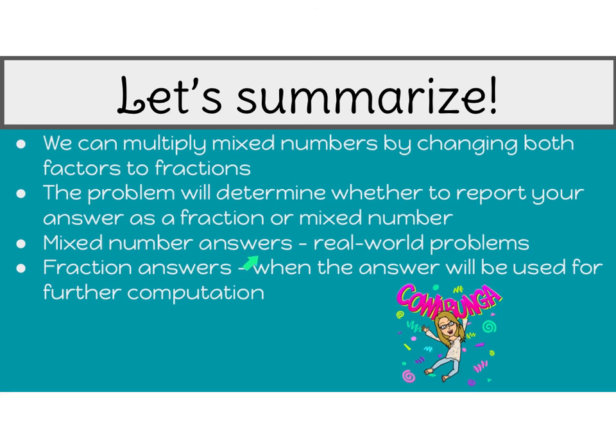Mixed number answers usually will be when we have a real world type of problem, a real world situation, something that can happen in real life. Fraction answers, if we leave them a fraction, is probably going to occur when the answer is going to be used for further computation. So if you need to take that answer to complete another problem or something in that line.